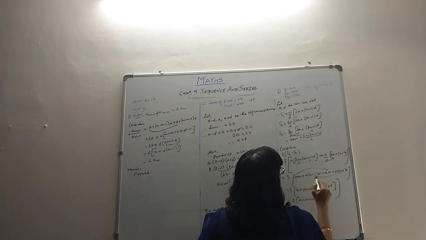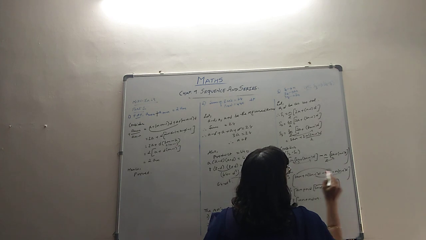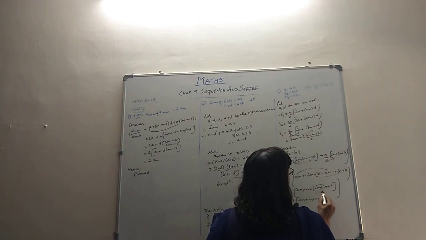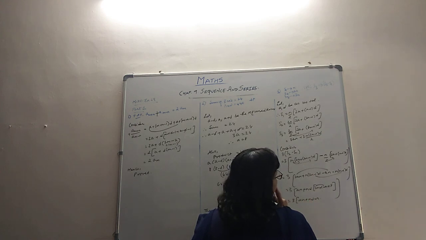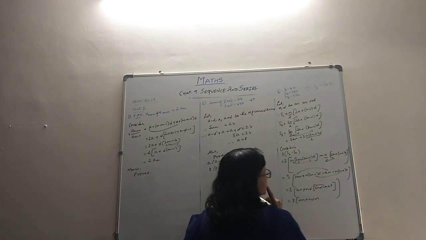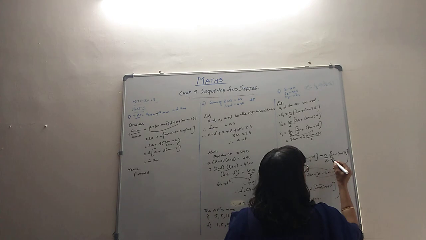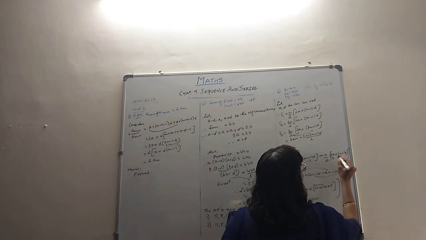2an. We didn't take it right, because 2an over here, then n into n minus 1 by 2 is there.